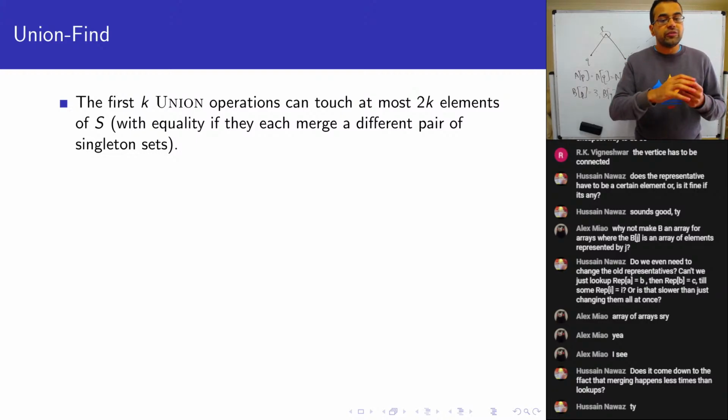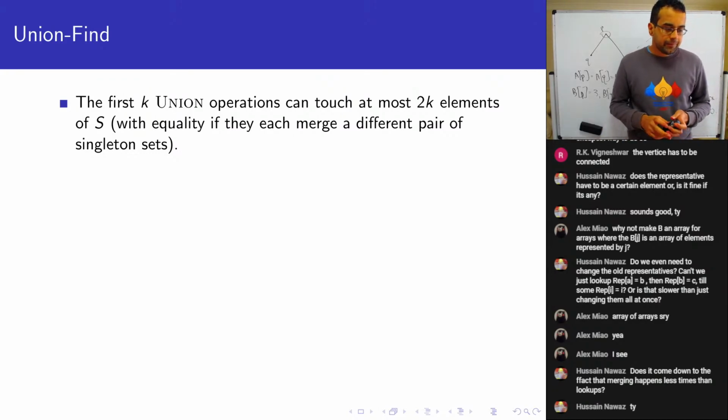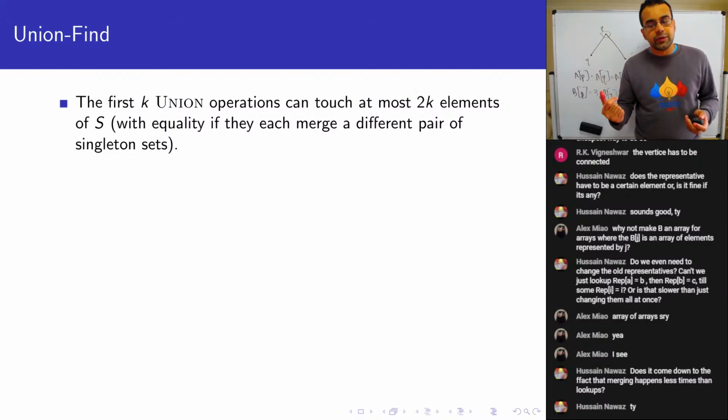So the most number of distinct elements that could be affected by the first k union operations is 2 times k. If you merge together x with y and then merge together z with w, that makes 4 things. But if you instead merge together x with y and then xy with z, you're only hitting 3 things.